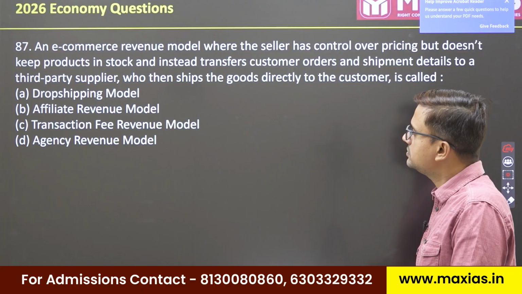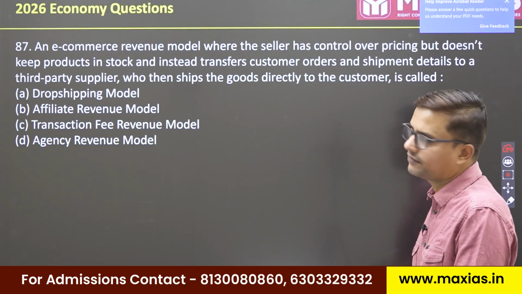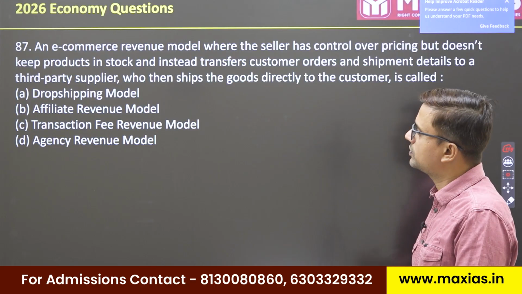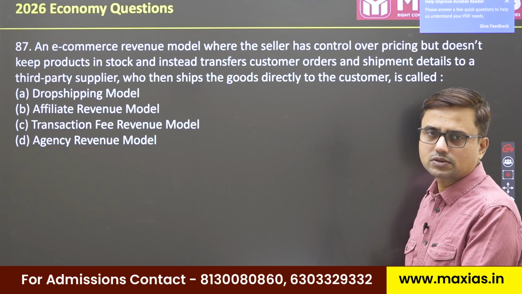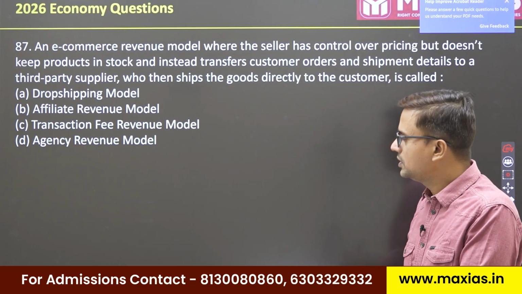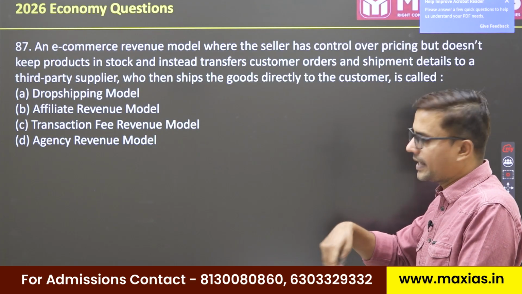Question number 87. To an extent, I found this question difficult. Why? Because we don't go deep into e-commerce models and how they work. Anyhow, the examiner expected us to know, given the era of e-commerce.